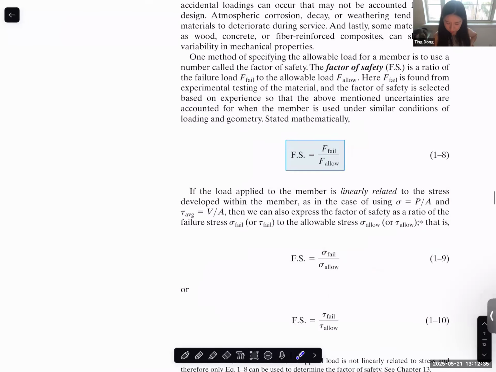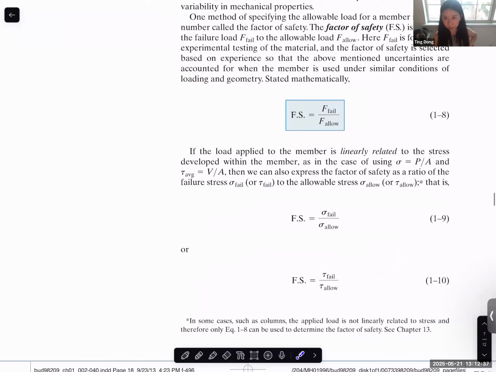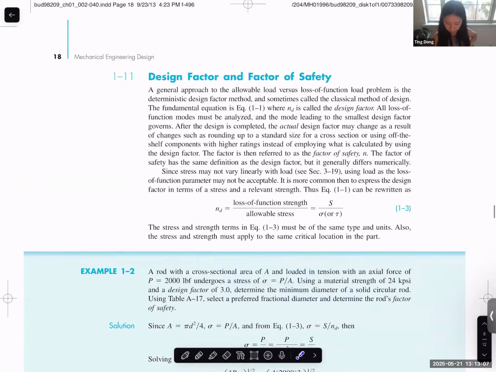And this is a different textbook, Mechanics of Materials, both of these are mechanics. The first definition is based on the force at failure and the allowable force applied. And they say if this force applied is in a linear relation to the stress, then we can have this one. So they define it based on the force first, and then with the assumption of a linear relation between the force and the stress, we have these two.